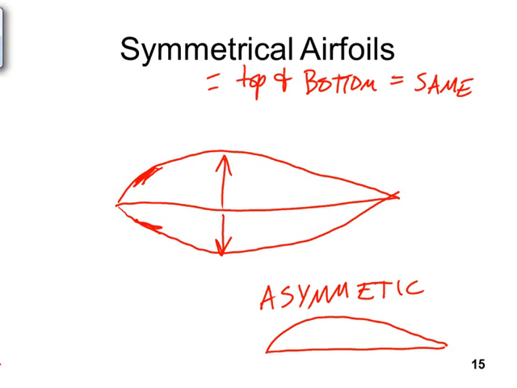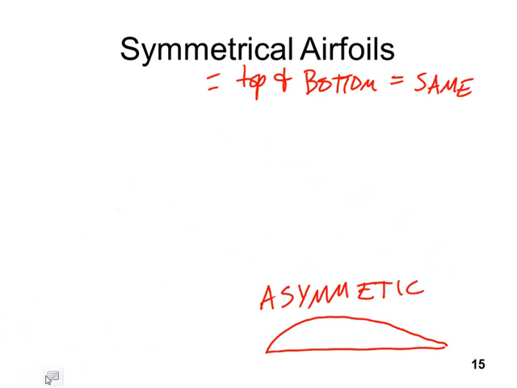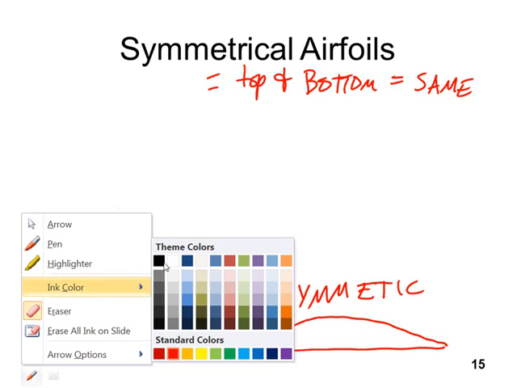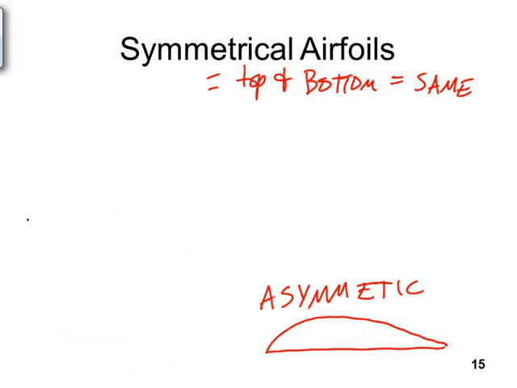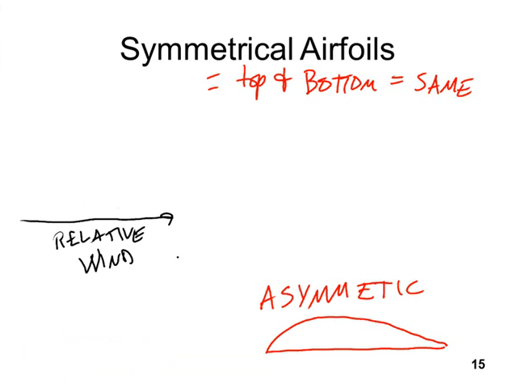We can get lift from symmetrical airfoils, and I'm going to show you how to do it. Let's have our relative wind. And in case I ever forget to tell you to draw the diagrams and label them, I'm telling you right now, if I'm drawing a diagram, you need to draw it and label it.